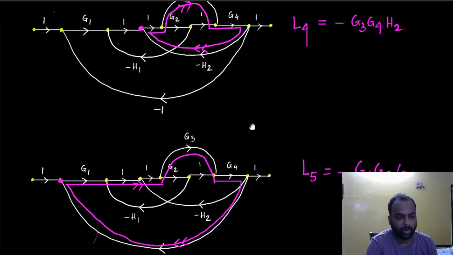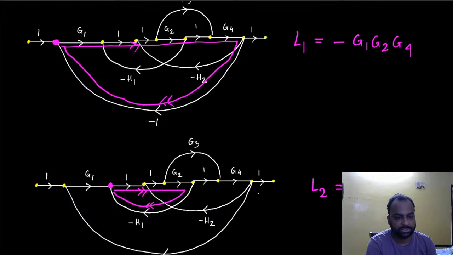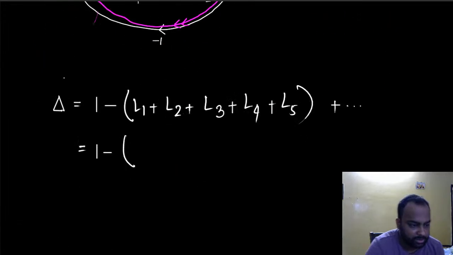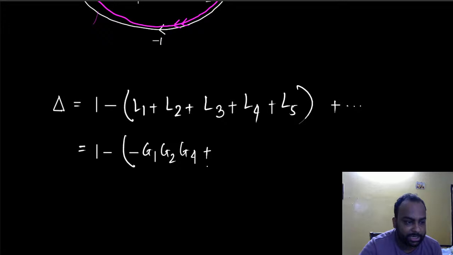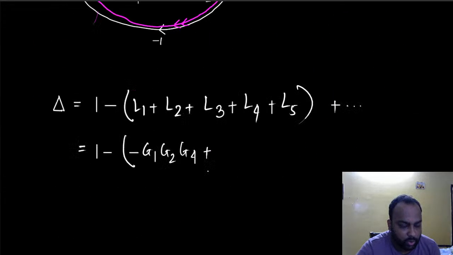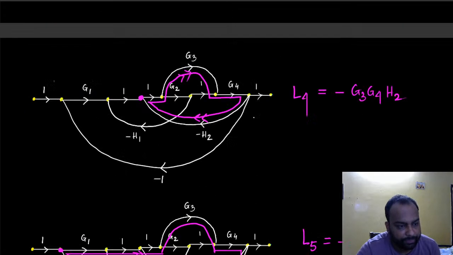So what was L1? L1 was minus G1, G2, G4. So let's write that down. So that's going to be minus G1, G2, G4. What is L2? L2 is minus G2H1. What is L3?